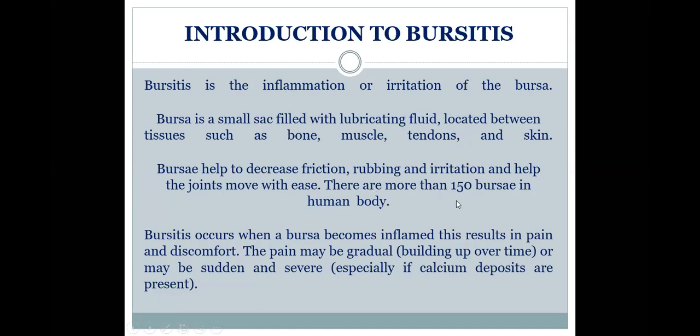There are more than 150 bursae in the human body, located almost everywhere in the joints so as to improve movement. Most commonly bursitis occurs on the shoulders, knees, ankles, hip, and elbow.